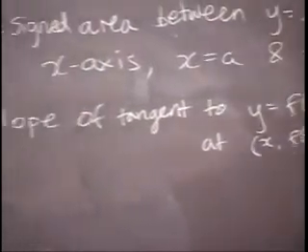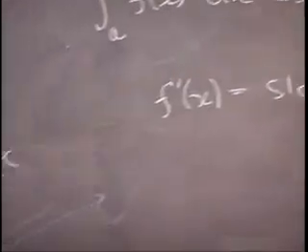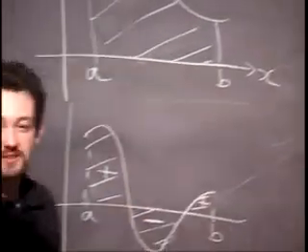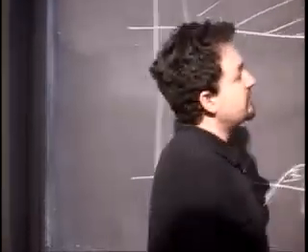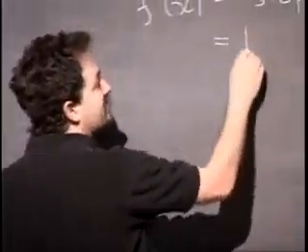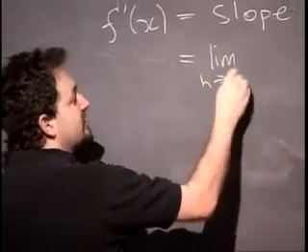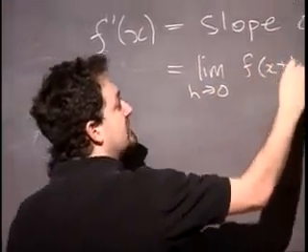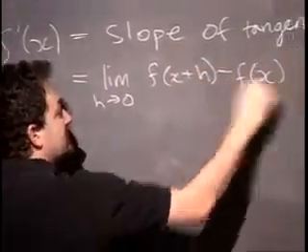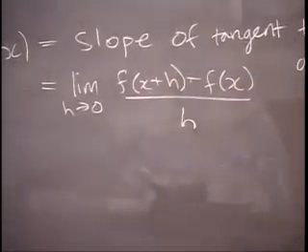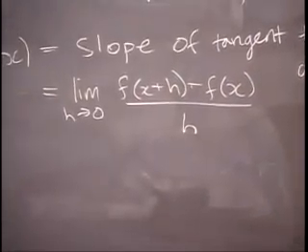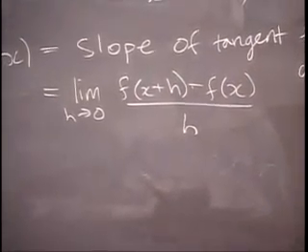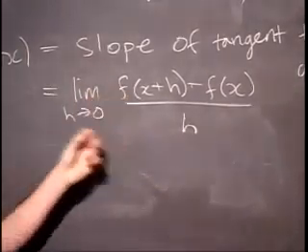But if I defined it as f prime, it would not help you calculate it. We need a formula for it, and we saw that the true definition is a limit, and it's a limit of a 0 over 0 type, as it were. It becomes 0 over 0 if you plug in h equals 0.